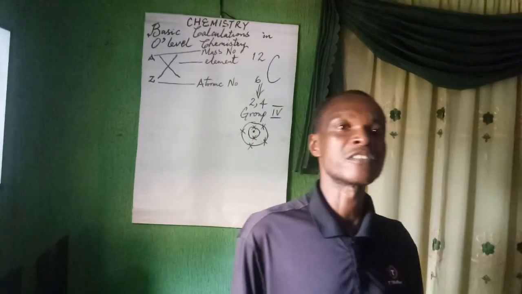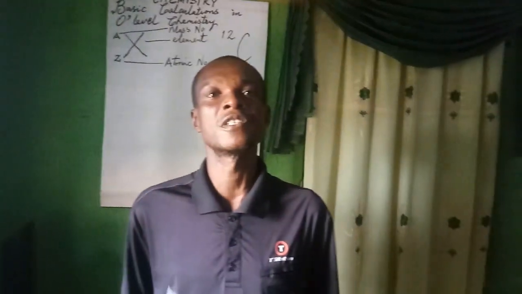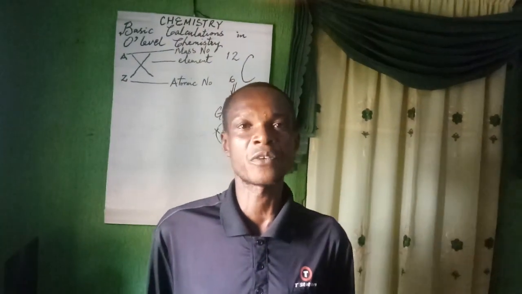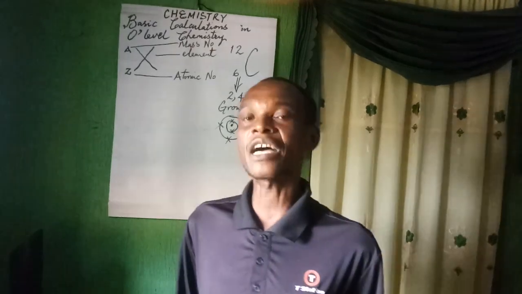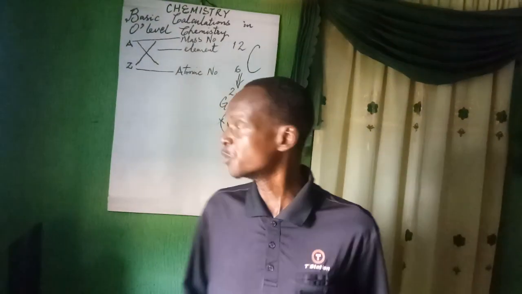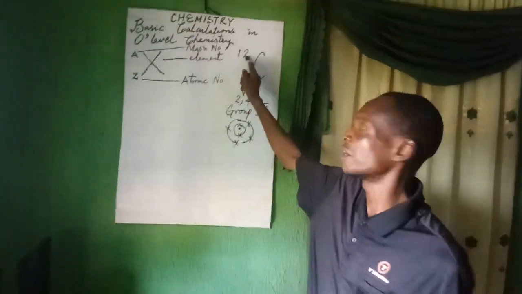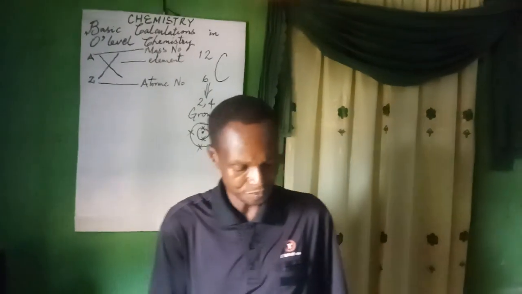So when we talk about mass number, we are looking at the number of protons and neutrons in the nucleus of that particular atom. The reason when calculations involve mass in chemistry, we will now use the number on top, labeled A, the bigger number on top. That is the mass number.